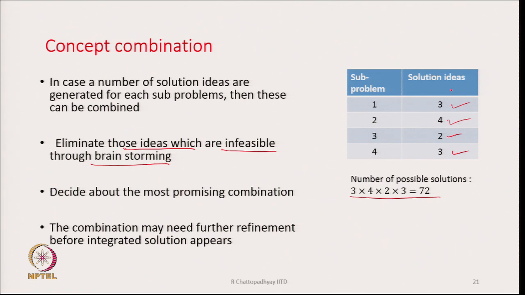We can trim down the number of solution ideas, because some of them may be infeasible to start with right at the moment, because of constraints of technology, material availability or things like that. People have to decide, can I bring it down from 72 combinations to something which is less, and then find out what is the most promising combination. So, you should choose maybe 3-4 promising combinations.